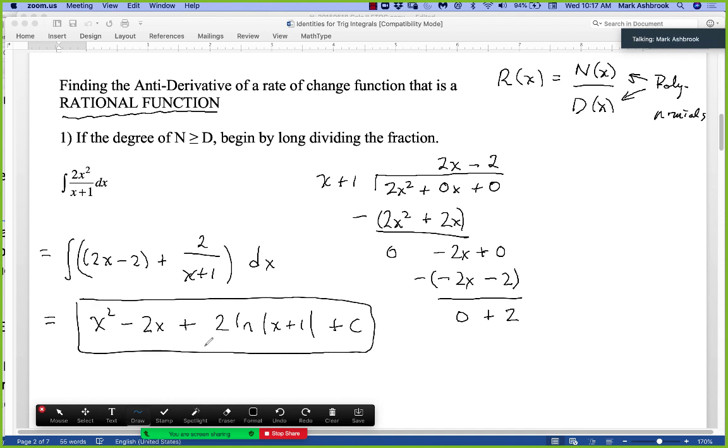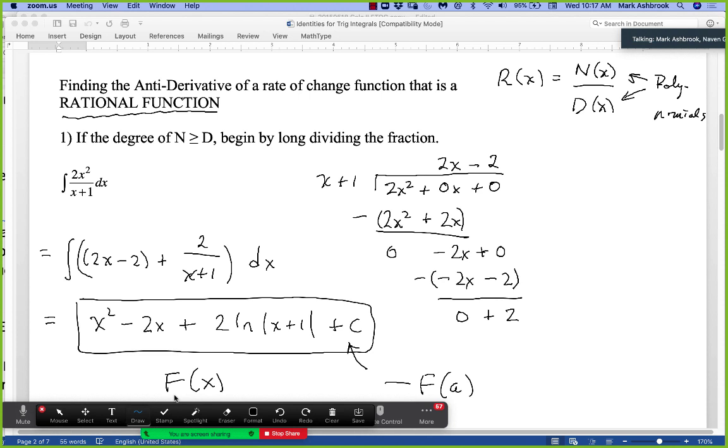It's the closed form for every net accumulation function that has this rate of change, right? Remember what the plus c is? It's the minus f(a). F(x) minus f(a), that's our closed form for this open form net accumulation function. Any questions on this first example?